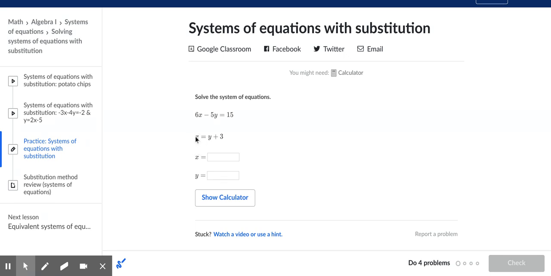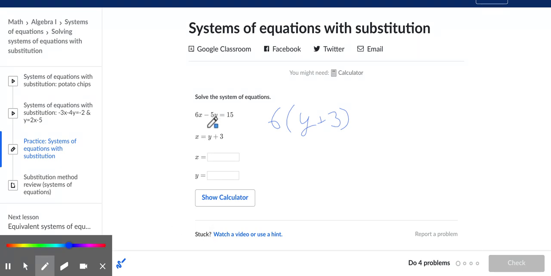In this case, they already have it solved so that x is by itself. So I can just plug y plus 3 in for x. So I'm going to say 6, and then instead of x, I'm going to put y plus 3, which I can do because x equals y plus 3. So it's equivalent, so I can replace this x with y plus 3.